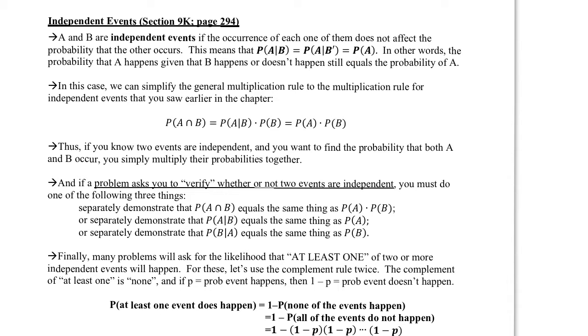So now once we do that, we can simplify a multiplication rule. And again, I feel like we've already seen this in the chapter. We're just formalizing it now. If you just learned the conditional probability multiplication rule, the probability that A and B both occur is the conditional probability of A given B multiplied by P of B. Well, because this event B happening no longer matters, I can rewrite that as P of A multiplied by P of B, and this is the multiplication rule for independent events.